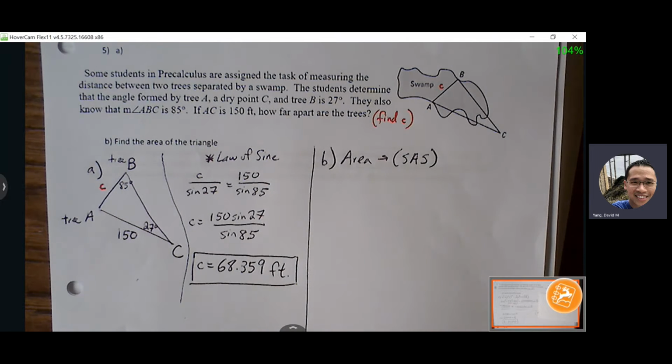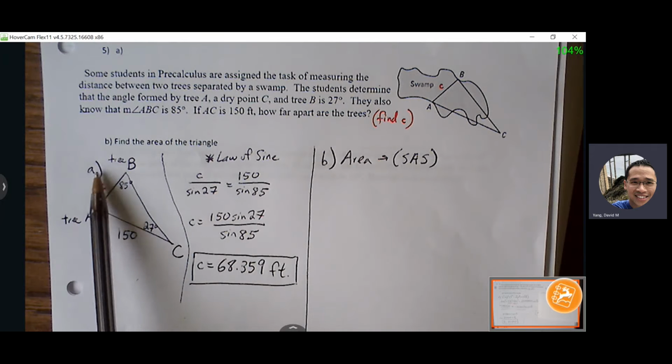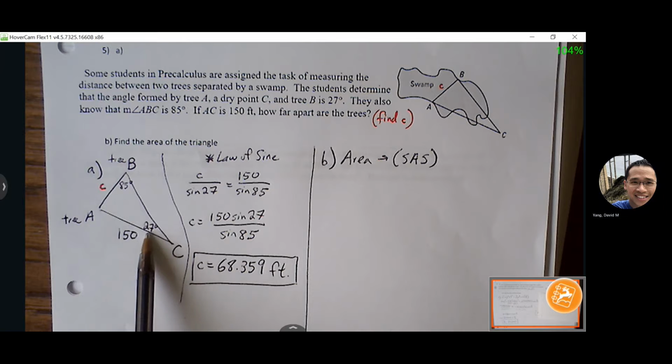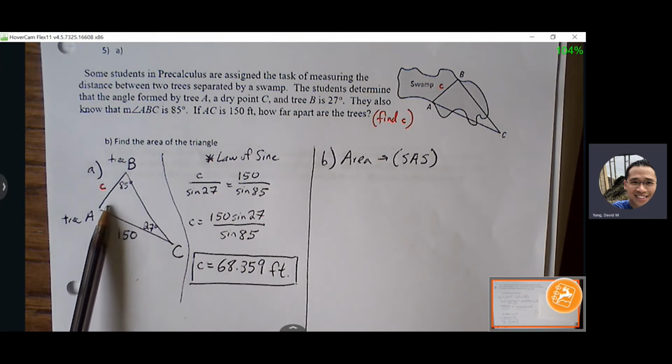Okay, part B, let's practice using side angle side. Do I have enough information to create side angle side? Almost, right? What can I find quickly to get that side angle side? Yeah, let's get that angle A, right?